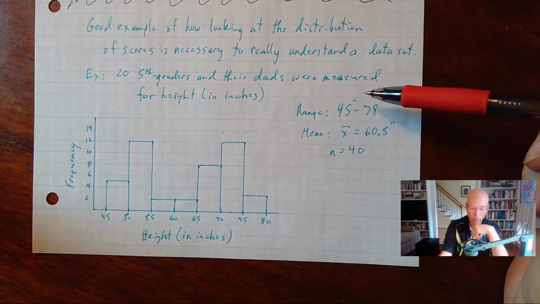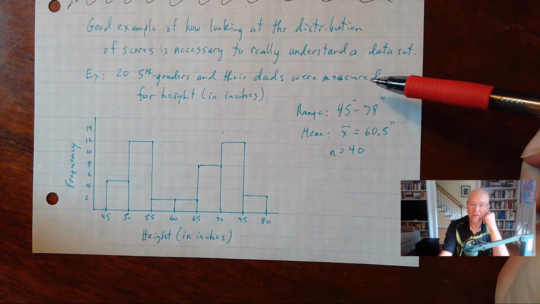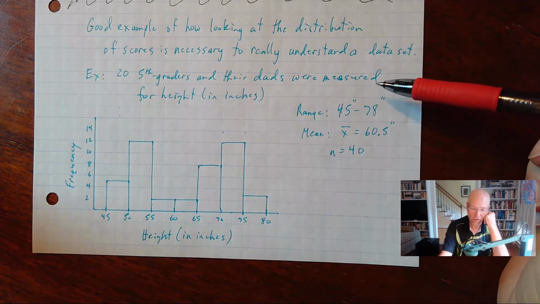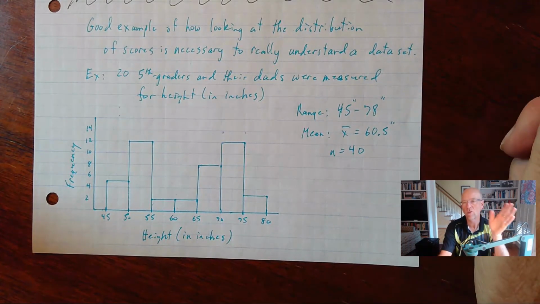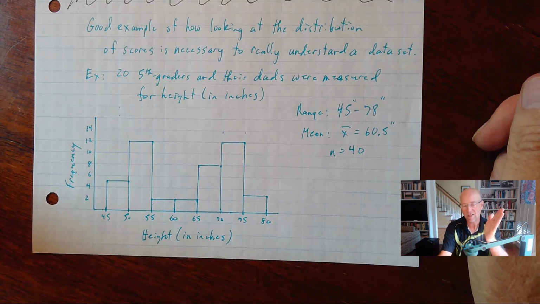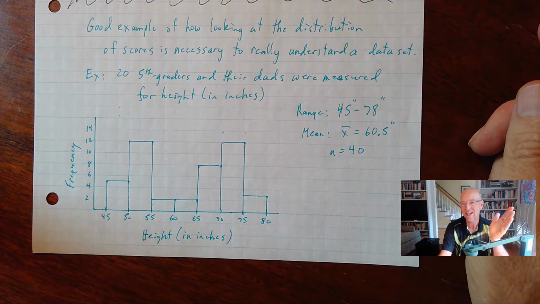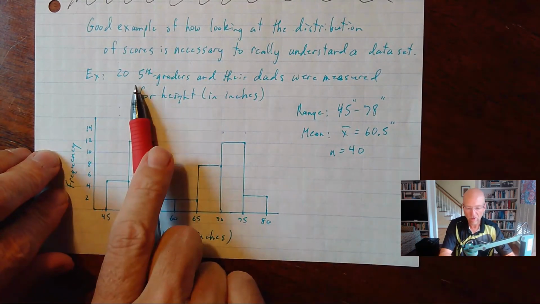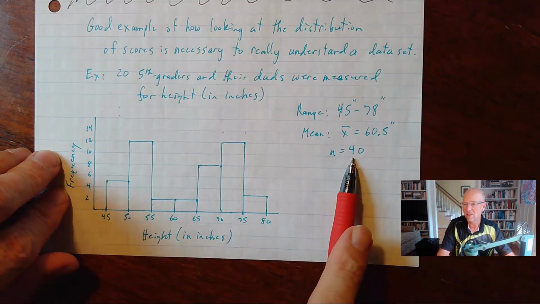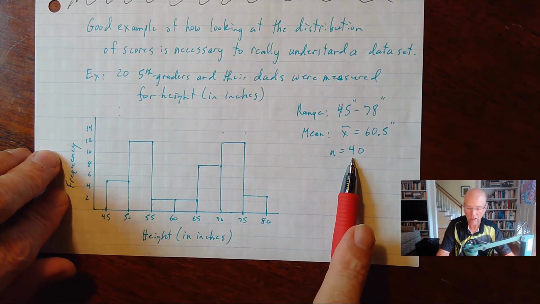This is a data set in which 20 fifth graders and their dads were measured for height. We're measuring it in inches, so just as a reference point, 5 feet is exactly 60 inches. 6 feet is exactly 72 inches. So 20 fifth graders and their dads, so our total data set had 40 scores in there.